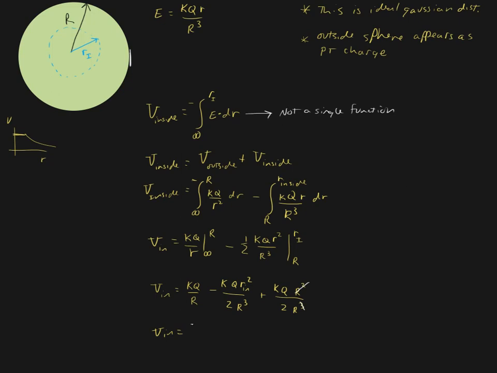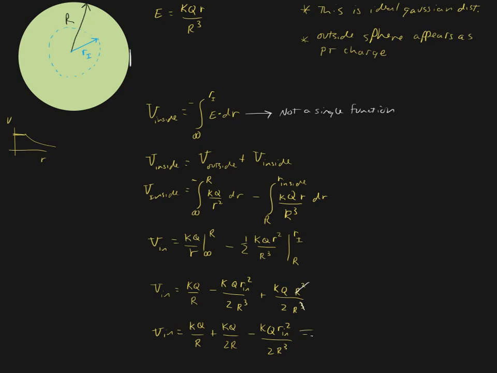is going to be equal to kQ over capital R, and we're going to just move this term over here so that we just get the two pluses in a row. That's going to give us kQ over 2 capital R minus kQ r inner squared divided by 2 capital R cubed.